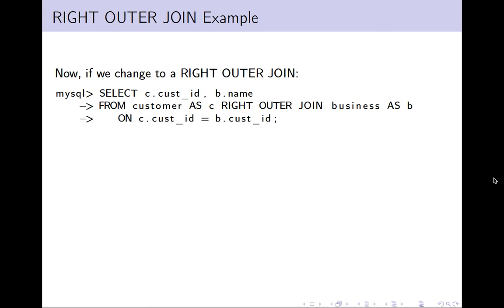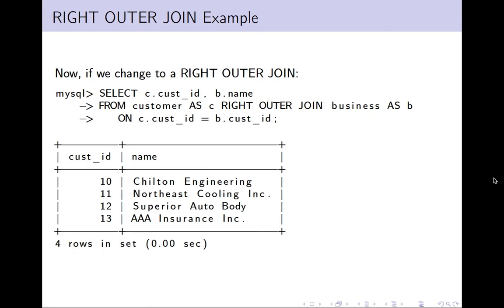And for right outer join, if we do the exact same thing but specify right outer join, now we eliminate all the null values, because it only returns the right-hand rows and discards the other ones.